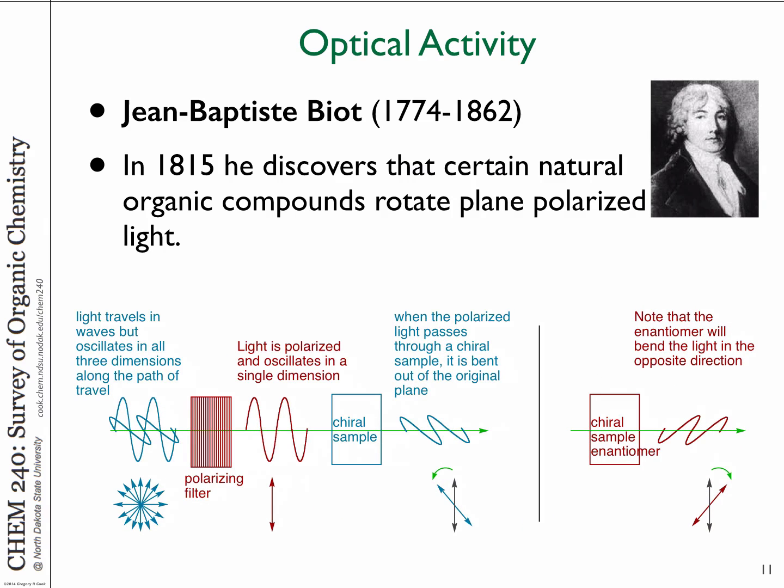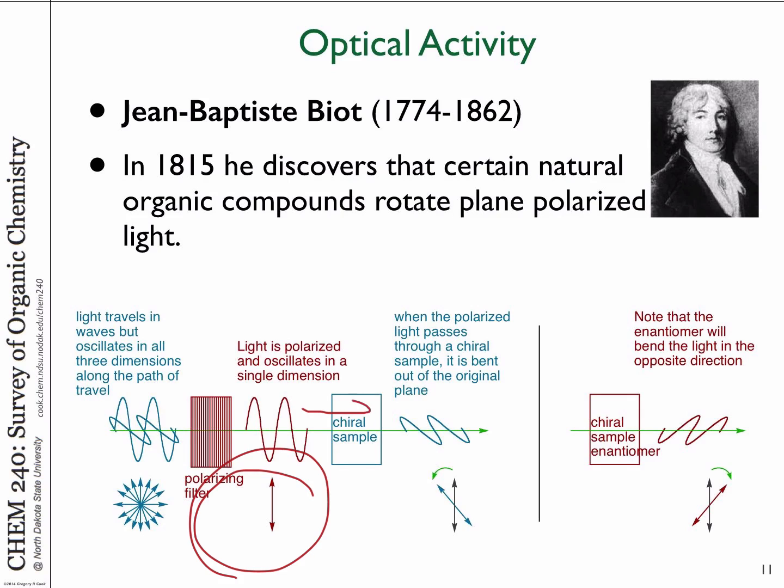So again, here's a schematic of what we see for this property. I talked about the L and D amino acids. That means the light is bent to the left, or that plane is bent to the right. So again, we generate plane polarized light here, which is all the wave traveling in one direction.